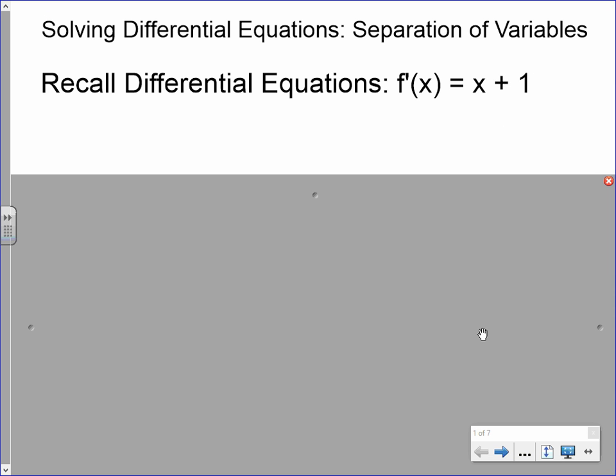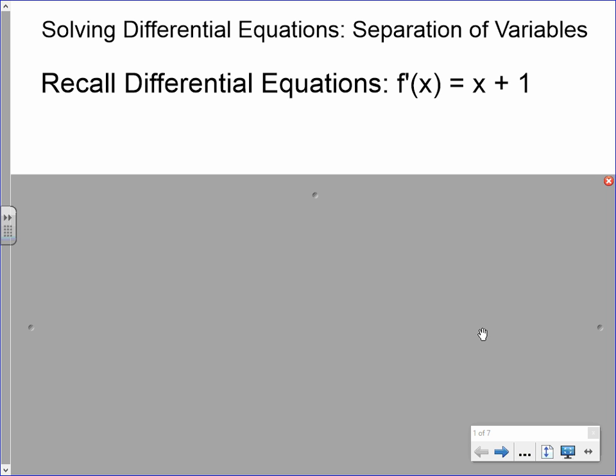Okay, so we are going to do what's called solving differential equations, which you've kind of done before. But we're going to do it in a way where we actually have to separate the variables. Okay? So when I say separable differential equations, I'm referring to what we do today.